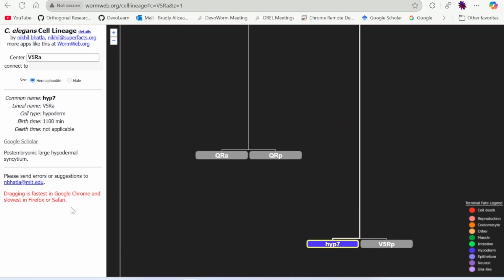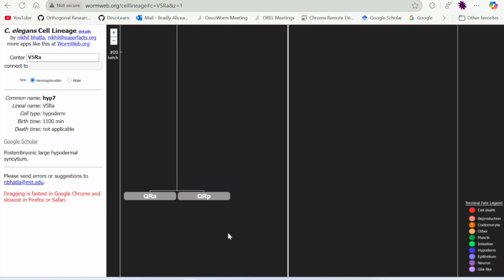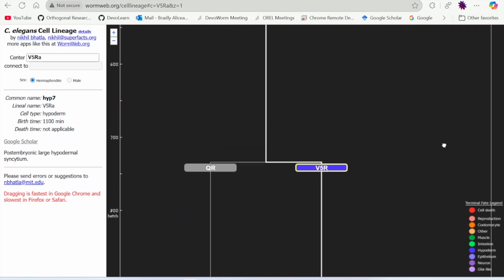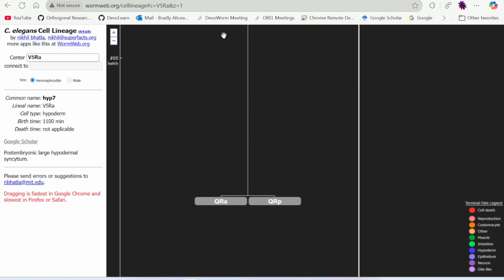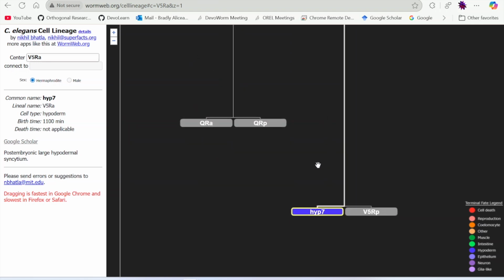So this was made in, I'm not sure what this was made in, but this has been around for quite a while. Is the original code for generating this available? Yeah, I think Nikhil Bhatla, who runs this, has a GitHub repository for it, but I'm not really sure.